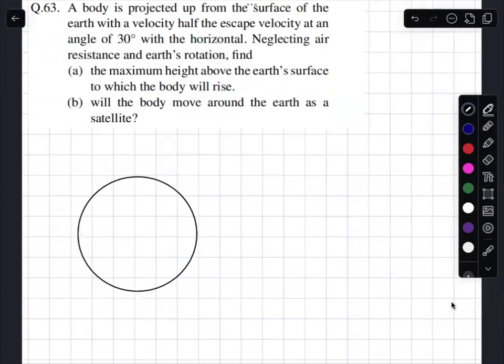This is the earth, and at this point, taking it as a reference, you have projected it at an angle of 30 degrees. So frankly speaking, it will follow some path like this.